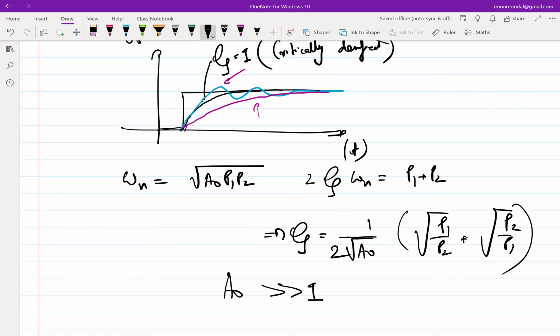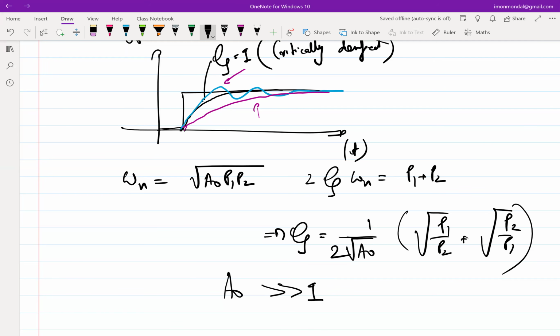So if P1 is almost at the same location as P2 and A0 is much greater than 1, what can you comment about zeta? Closer to 0, right? Severely underdamped system, right? So if A0 has to be much greater than 1, then the natural conclusion for a designer is P1 cannot be around the same location as P2, right?